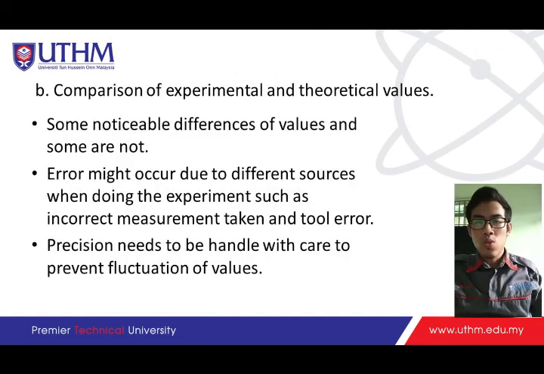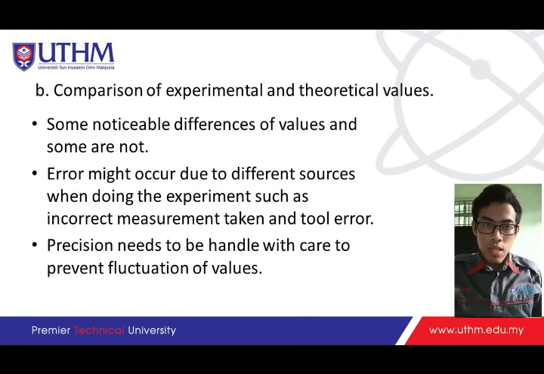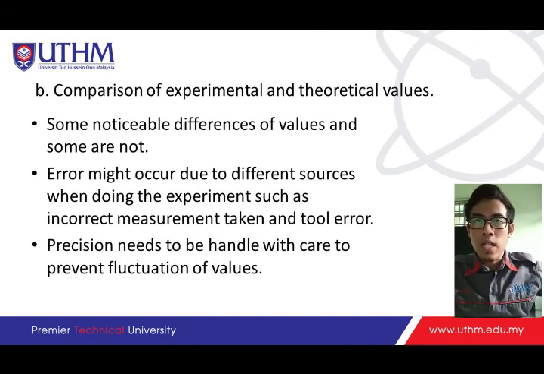Next, we need to compare and comment on the experimental value with the theoretical value. After we have done the experiment and taken the values, when we compare them, we can see that there are some noticeable differences in values and some are not.